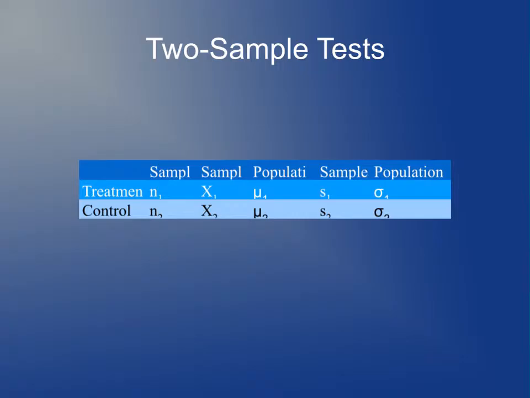The sample size of the first group is n1, the sample size of the second group is n2. Likewise, the sample mean of the first group is x1 bar, the sample mean of the second group is x2 bar. Likewise, the population mean of the first group is mu1, population mean of the second group is mu2. You get the idea. It's the same thing for sample standard deviation and population standard deviation.